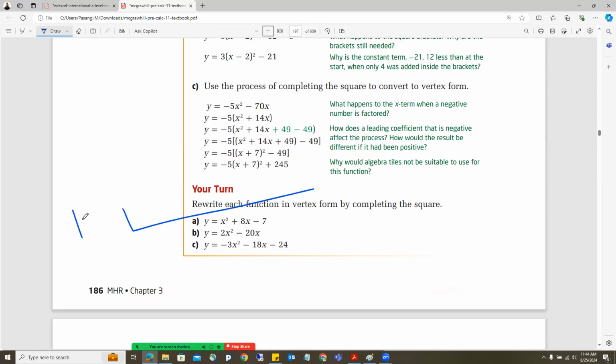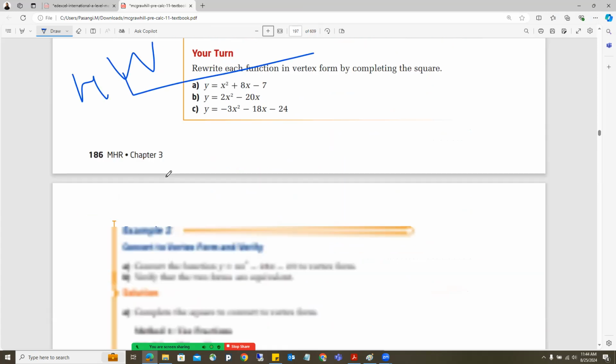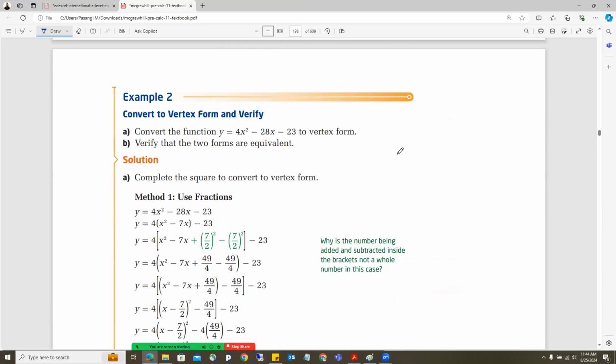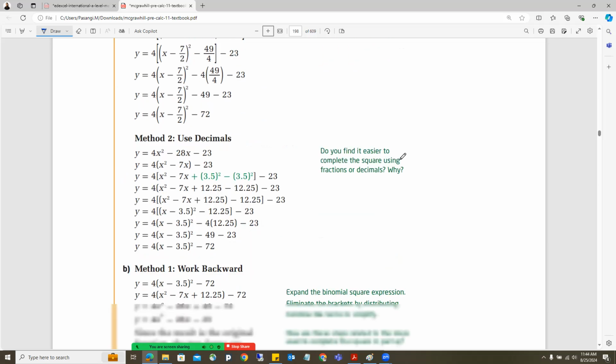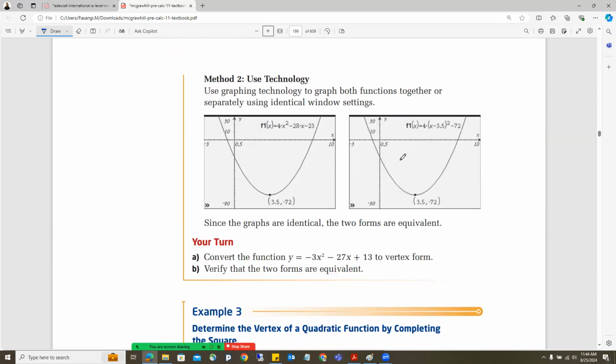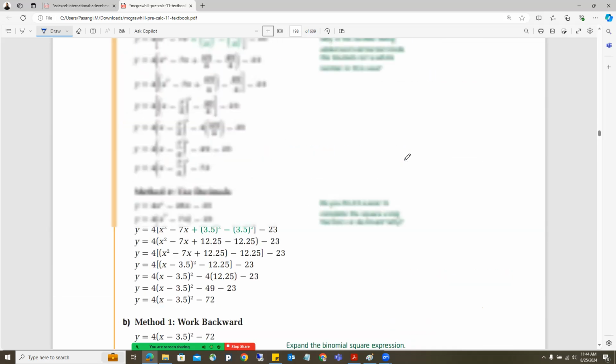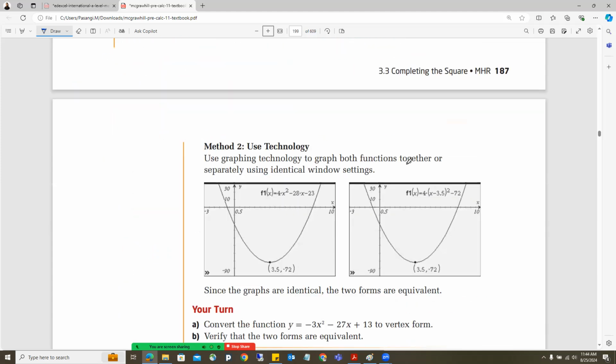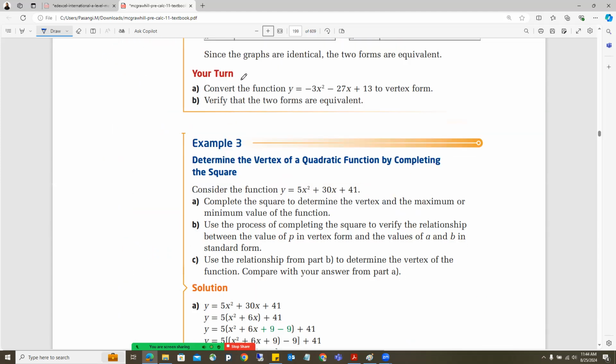Now here we have your turn. You have to do these ones as homework. And example 2, convert to vertex form and verify. Okay, your turn. Can you do this question? Convert the function. Okay, this question.